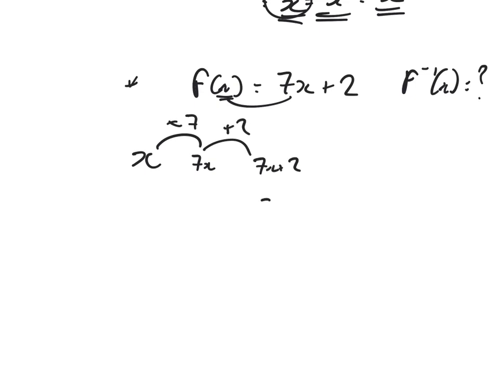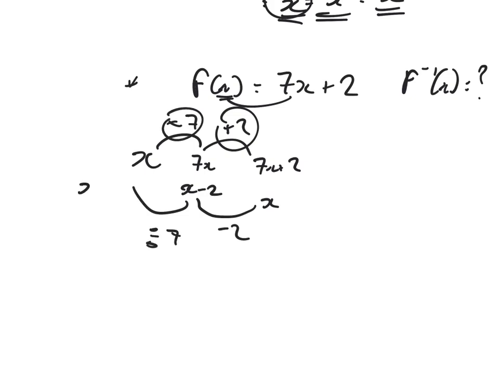So let's undo that function to get the inverse. We're going to work backwards and take away 2, which will be x minus 2, and then divide by 7 to give me x minus 2 over 7. The inverse function is given by x minus 2 over 7.